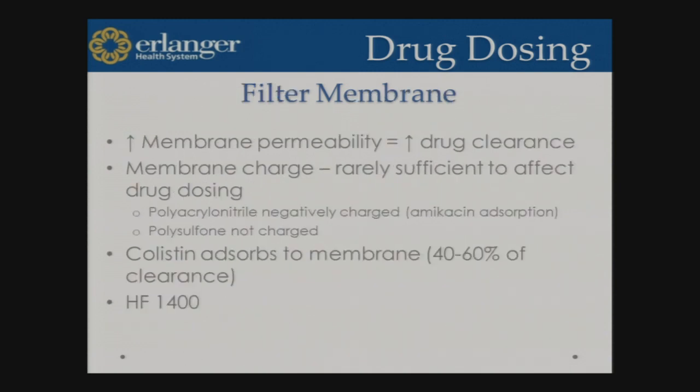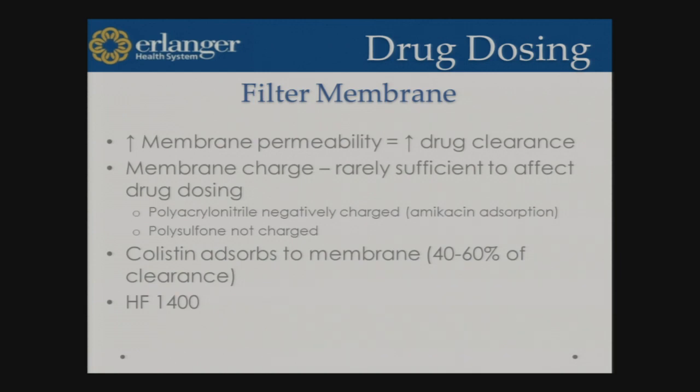So the filter membrane is a factor, not something that we really have to worry about because, again, we only have one filter choice here. But membranes that are more permeable are going to clear more drug. We do need to think about membrane charge, although it's usually not sufficient enough to affect our dosing.